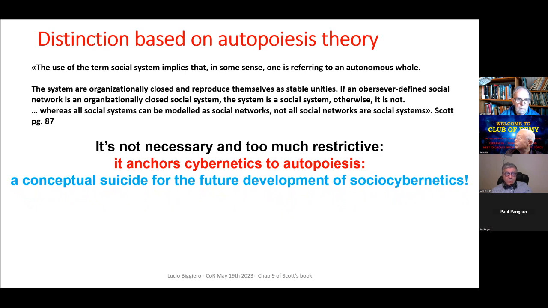And in my view, this is a conceptual suicide for the future development of cybernetics. The marriage that occurred during the 80s and 90s of cybernetics with autopoiesis, I think it was very poisoning, and it's a very dangerous marriage, because in my view, social systems are not autopoietic systems.